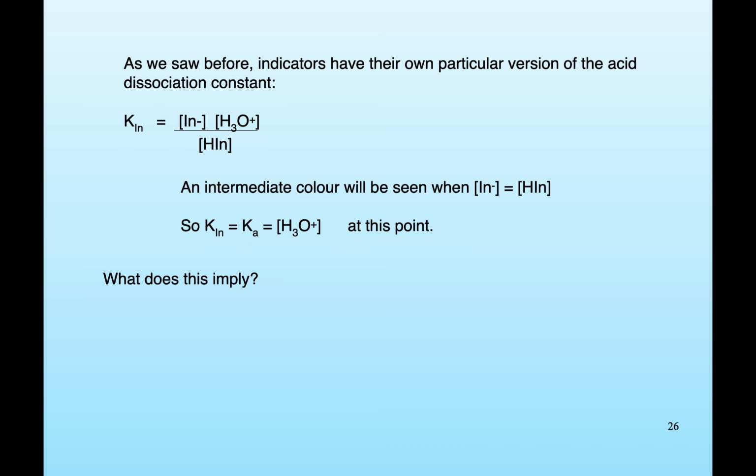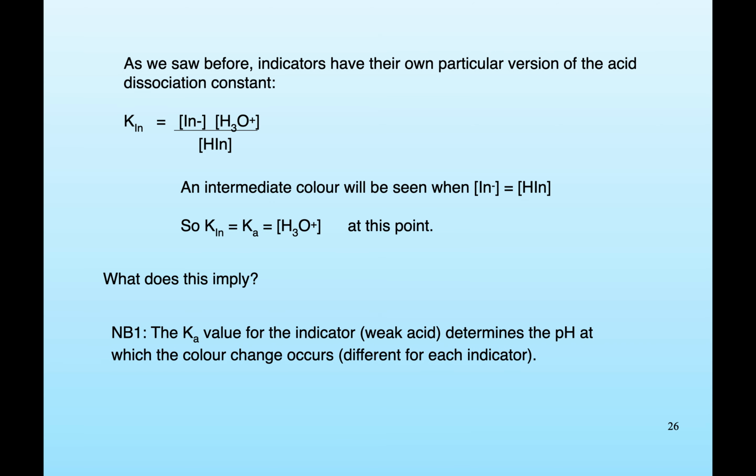And we just said that that's what it implies, that we can measure this and we can find Ka for the indicator, or if we know Ka for the indicator, at that point we can deduce the concentration of the hydrogen ions, of oxonium ions.